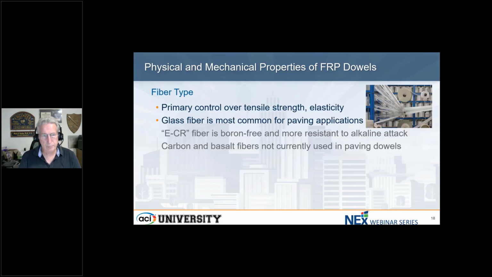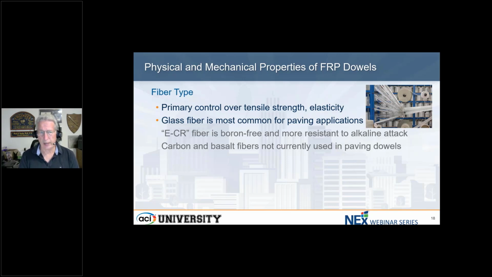The fiber type provides your primary control over the tensile strength and elasticity of the product. At this point, we see only glass fiber in paving application dowels. I know that there are carbon fiber and basalt fiber products being used in rebar occasionally, and I've seen basalt proposed for use in paving dowel, but I'm not aware that it's been brought to market.